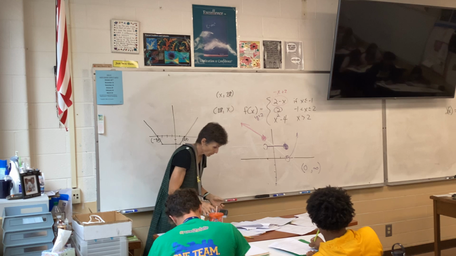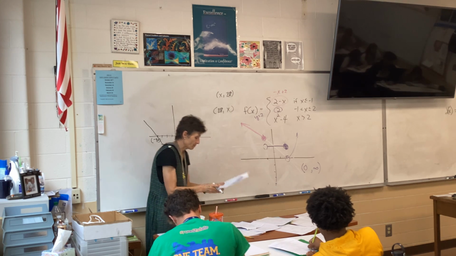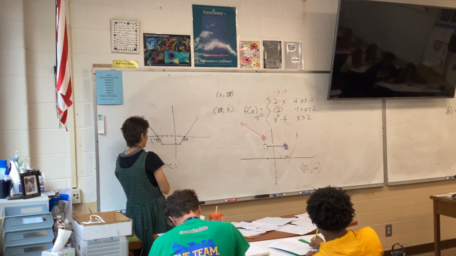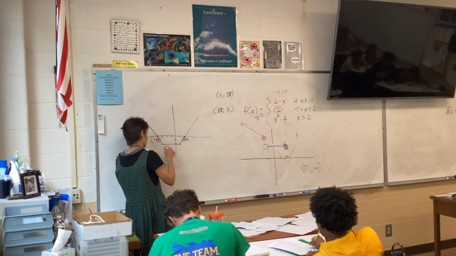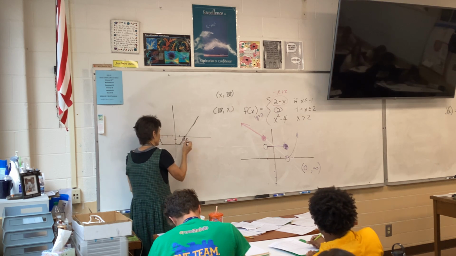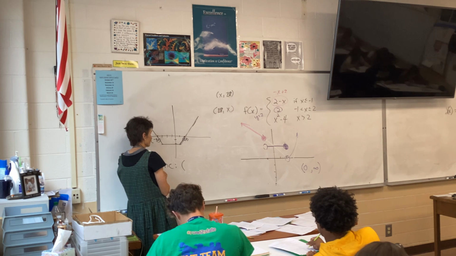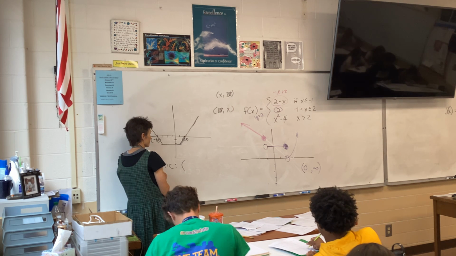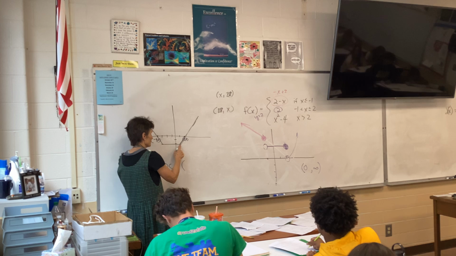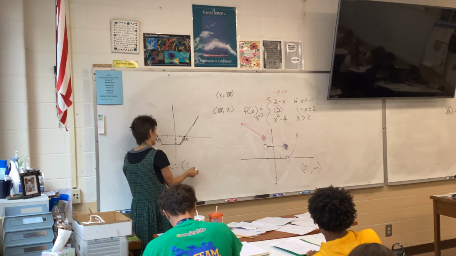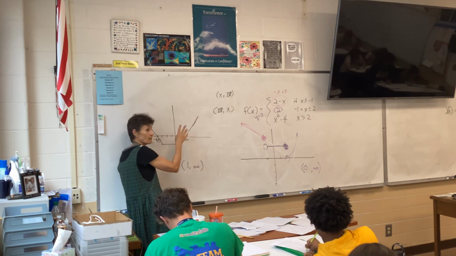Okay, so what do I want to know? Graph it, identify intervals on which it's increasing. All right, where do you think this thing is increasing? Right here, right? So what x value do we start with there? Isn't it 1? I think it's 1. And forever, it's increasing forever?